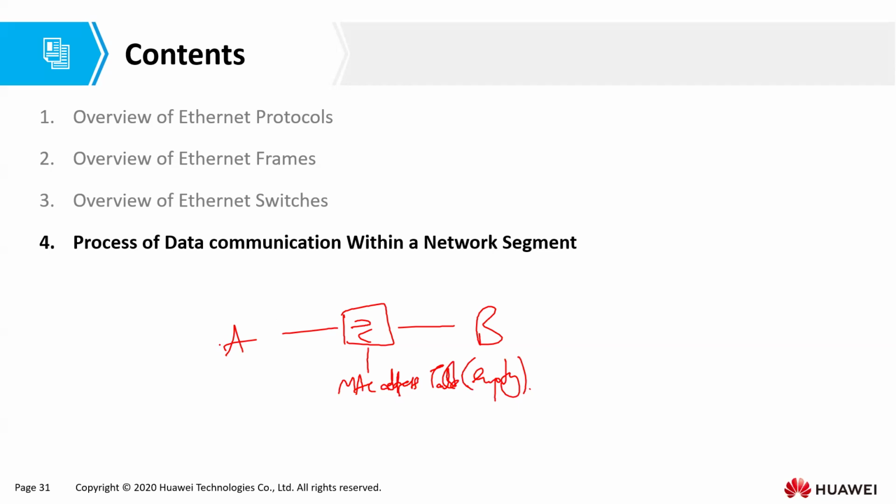Every time I send information, encapsulation takes place, meaning information about the destination, its IP and its MAC address, is added. Assuming we know its MAC address, let's set aside ARP for now. Assuming that when I do my encapsulation here I know the destination IP and the destination MAC as well, it means the destination MAC here is the MAC address of B, and the destination IP here is the IP of device B.